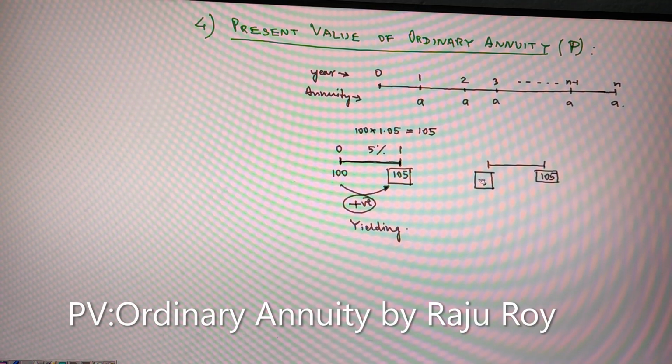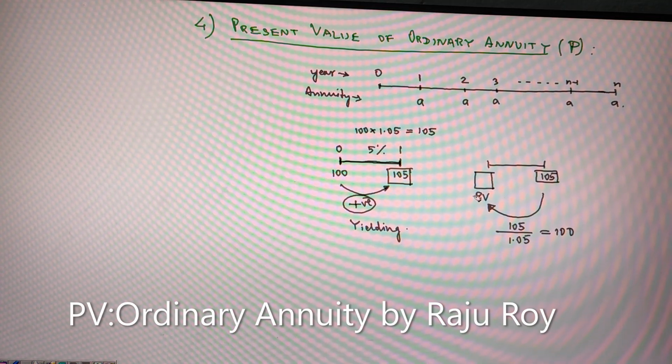That is the present value. Now from here you have to come back, so this amount will reduce. What we do is 105 divided by 1.05, which gives me 100 rupees. I hope you have understood what the present value is.